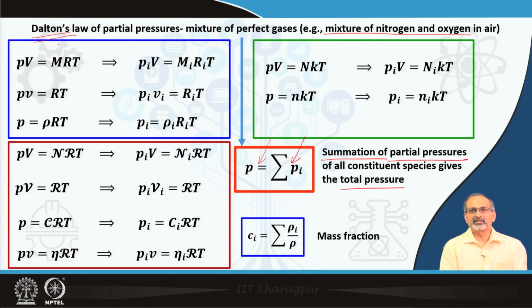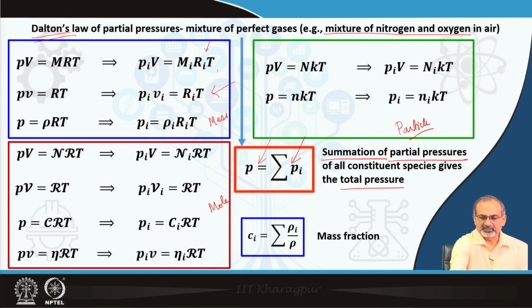Coming to the expression of the equation of state in the case of a mixture, this is how we have distinguished it. It is the mass based calculation, the mole based calculation, or the particle based calculation that we are talking about, like we had distinguished in the previous slide. You will thereby see the use of R in the specific gas constant sense, the universal gas constant sense, and the Boltzmann constant.